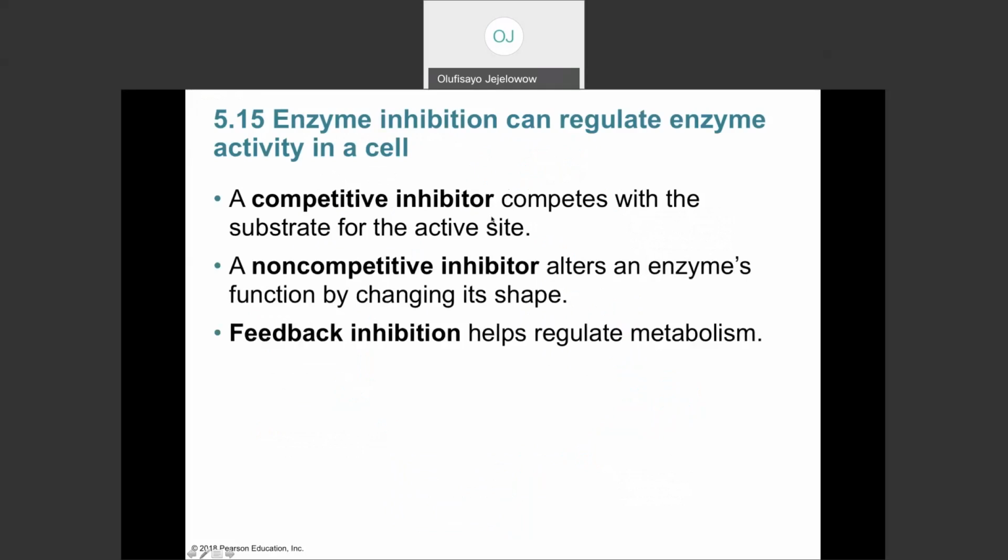Enzyme inhibitors are also present in the cell, and they are important because they help to regulate enzyme activity in the cell. And enzyme inhibition takes place by competition. So a competitive inhibitor can compete with the substrate for the active site of the enzyme.